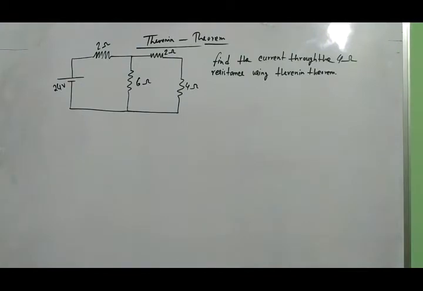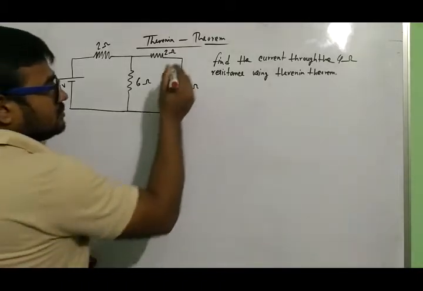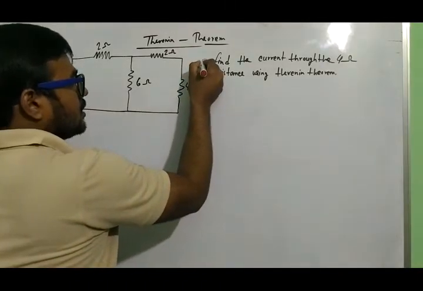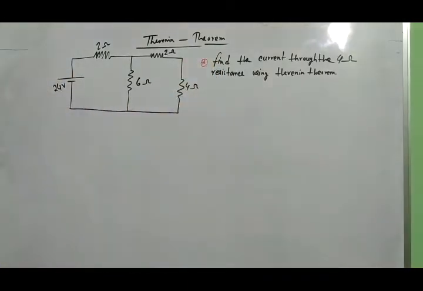Okay, so what is the question? Find the current through the 4 ohm resistance using Thevenin theorem. So at first you start with the question.